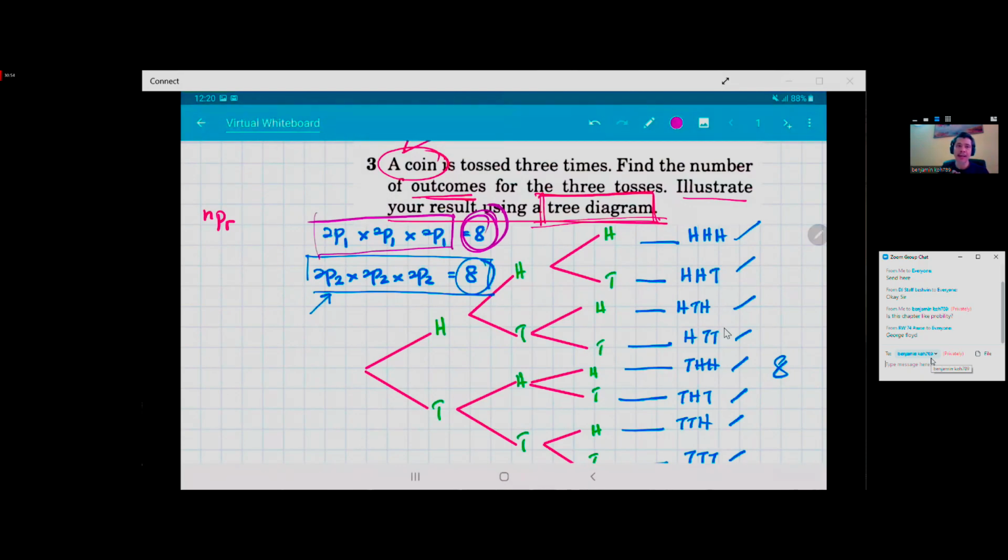But I suggest you spread out 2P1 times 2P1 times 2P1 because sometimes when you're marking, you can't really see, you know, sometimes you might miss it out. So I suggest you write it properly. Anyway, it's not going to cost you so much time to write in length, right? I know because when I mark papers, you want to mark fast and sometimes you might make mistakes. Okay, so that's why write properly so the examiner can see. When you write as a power number, sometimes the examiner cannot see, it's too small.